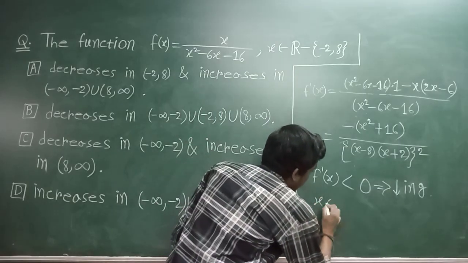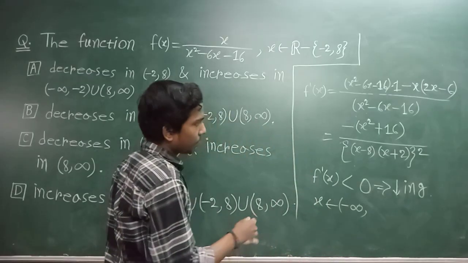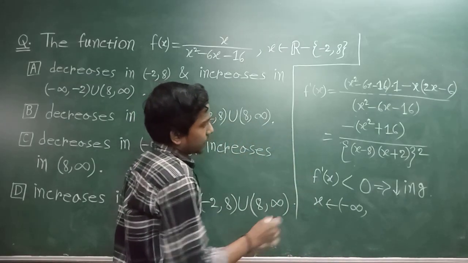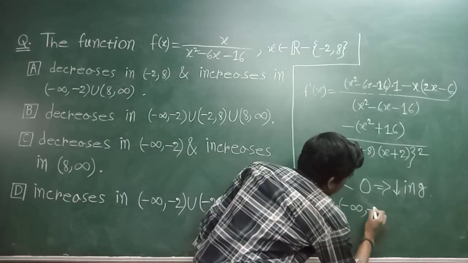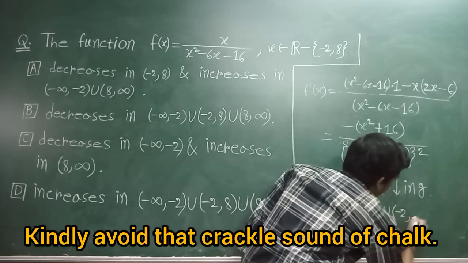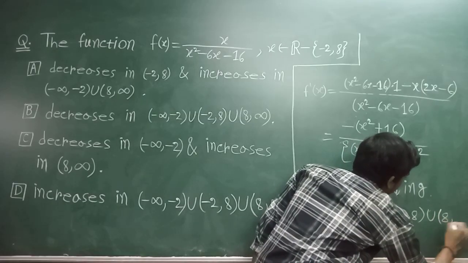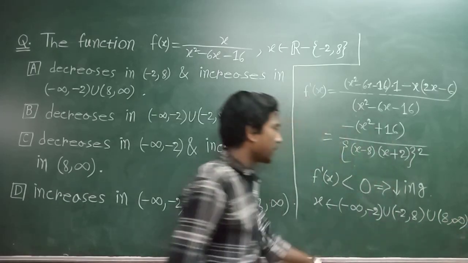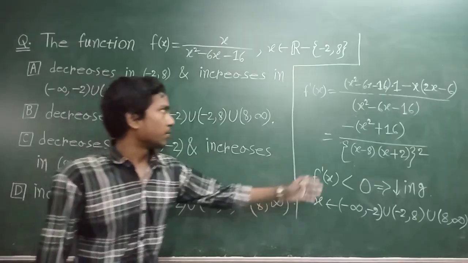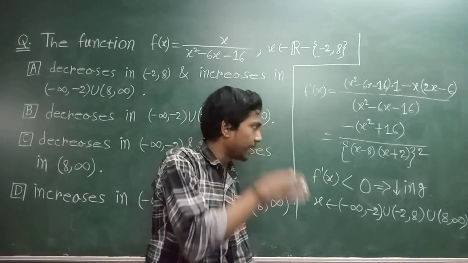So x belongs to negative infinity to minus 2, union minus 2 to 8, union 8 to positive infinity. This is the domain of its derivative. So in this domain the function is decreasing.